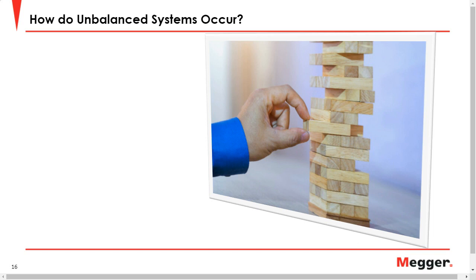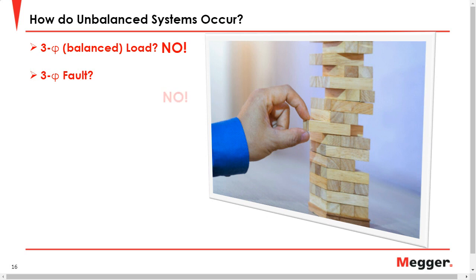So that leads us to asking, how do unbalanced systems occur, and when do we see sequence components? We'll get into sequence components in a moment. But how do unbalanced systems occur? During a 3-phase balanced load? No. By definition, the unbalanced system does not occur during a 3-phase balanced load. During a 3-phase balanced fault?